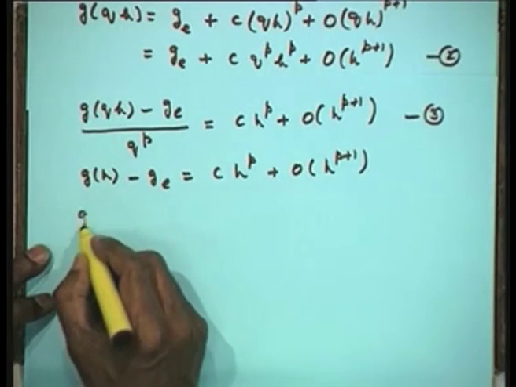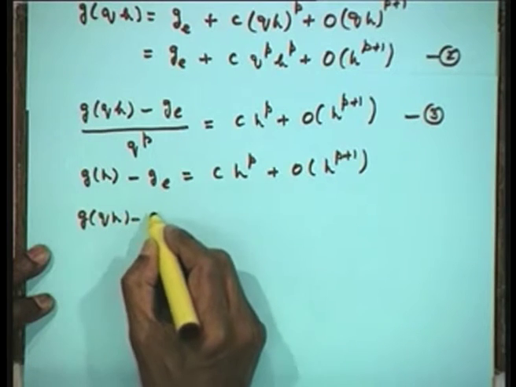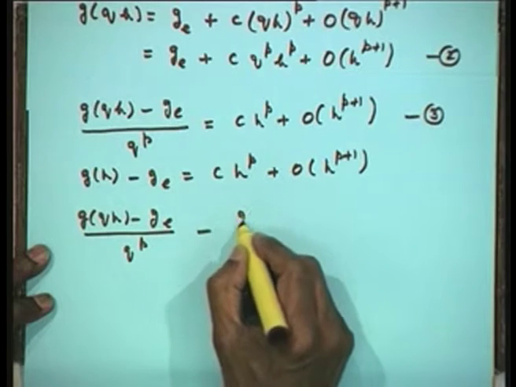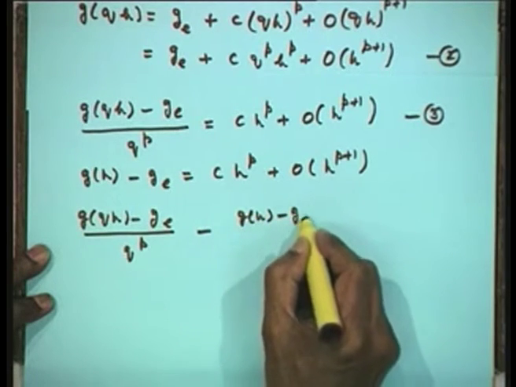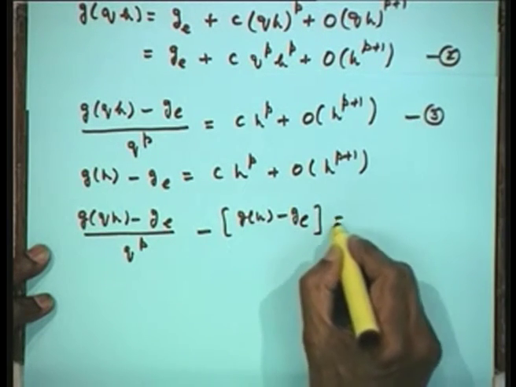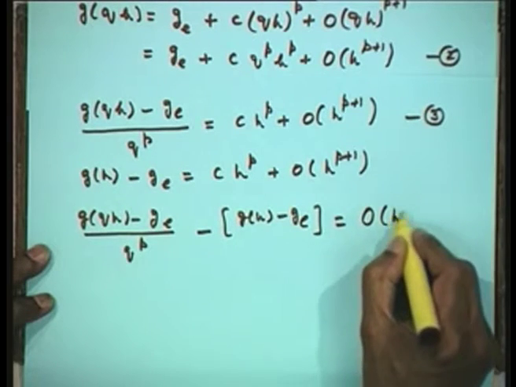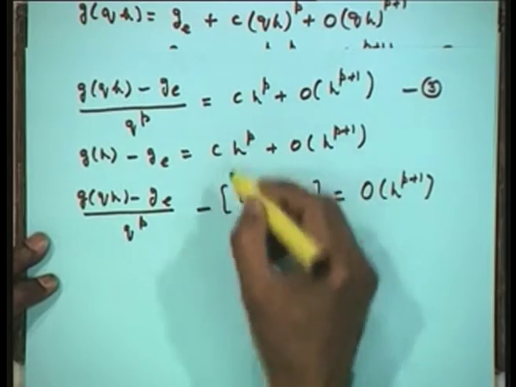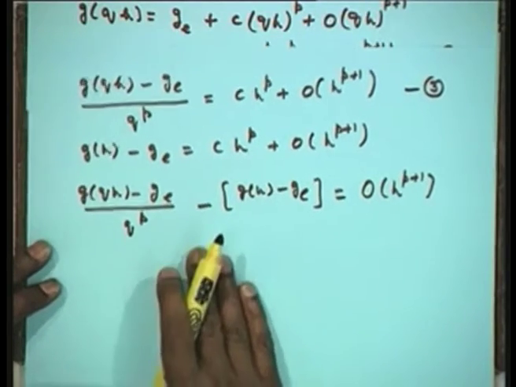So, therefore, I have got G q h minus G e by q to the power of p minus G h minus G e is equal to order of h to the power of p plus 1. Now, C h to the power of p has been cancelled.